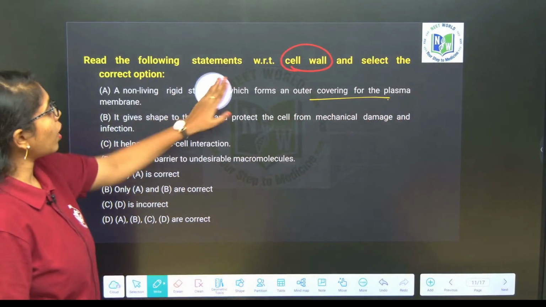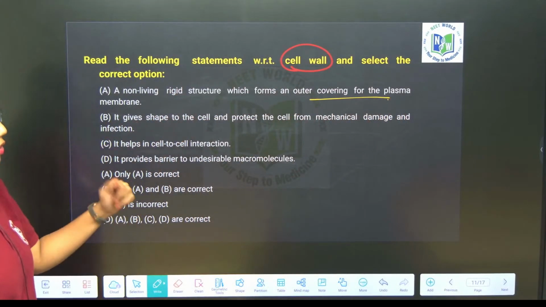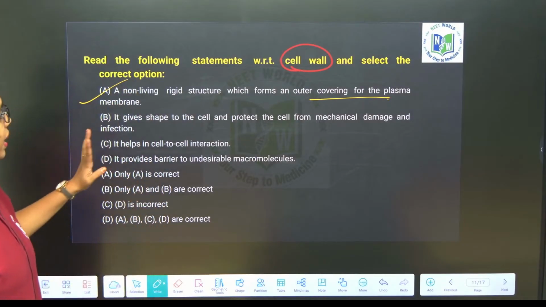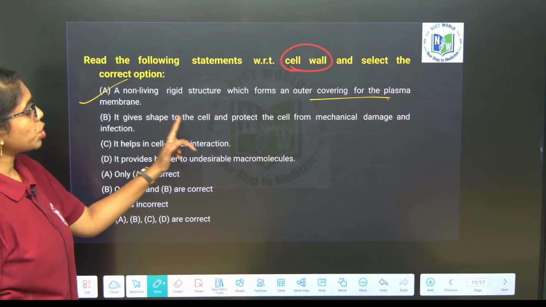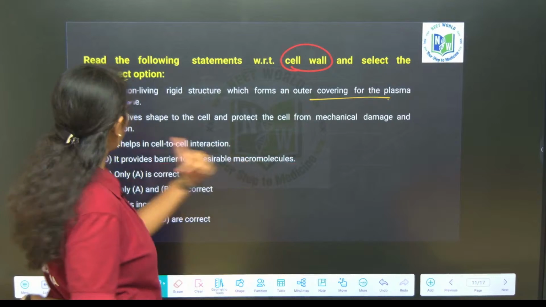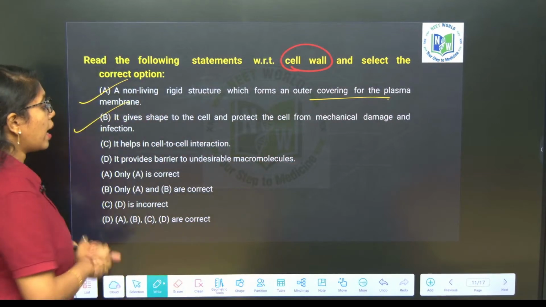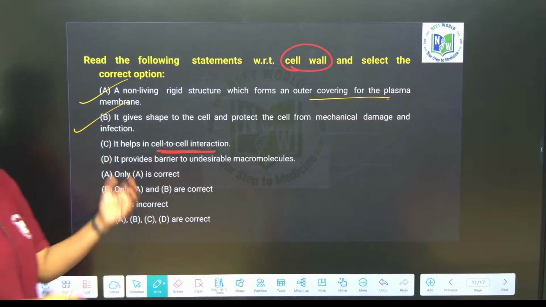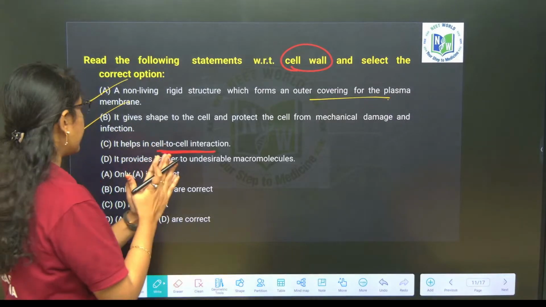True, right? Correct. Next, B: the cell wall gives shape to the cell and protects the cell from mechanical damage and infection. True. And then it helps in cell to cell interaction. Correct.